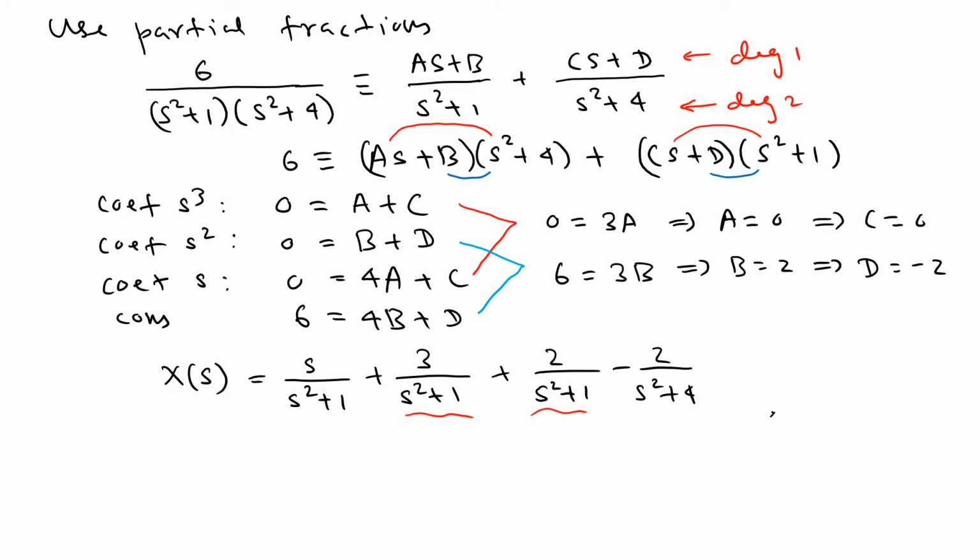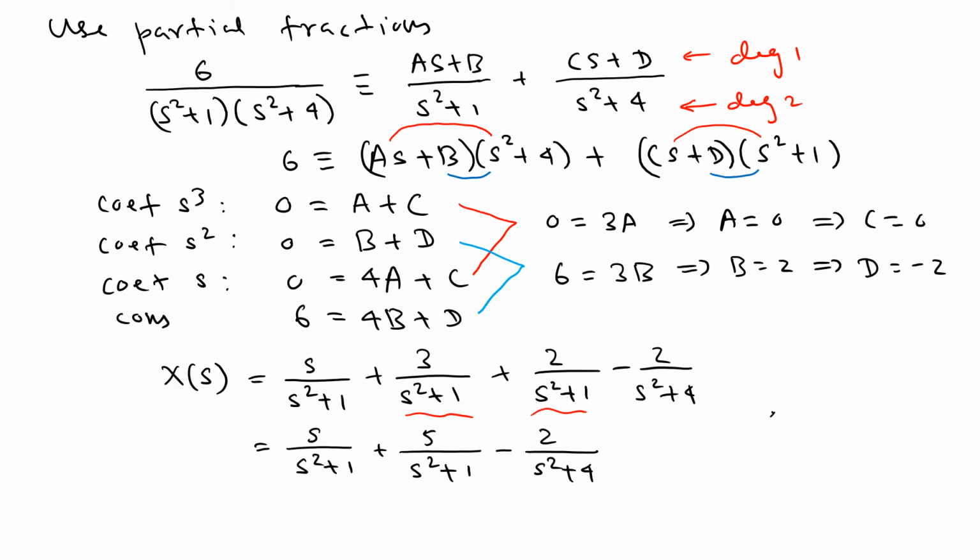So you simply get s over s squared plus 1 plus 5 over s squared plus 1 minus 2 over s squared plus 4. These are very easy to invert. We already know that from the table, so use the table to invert.